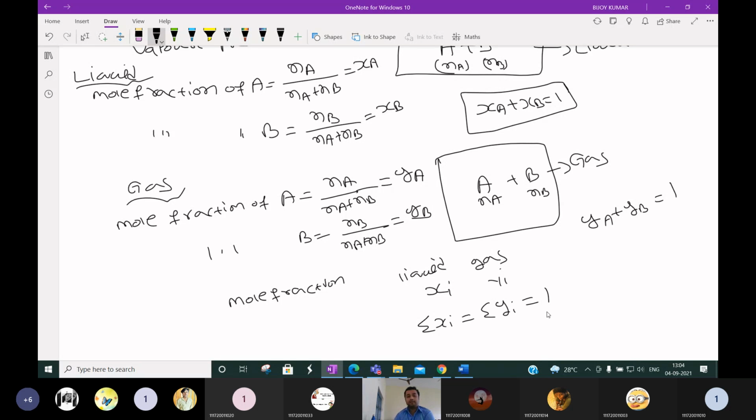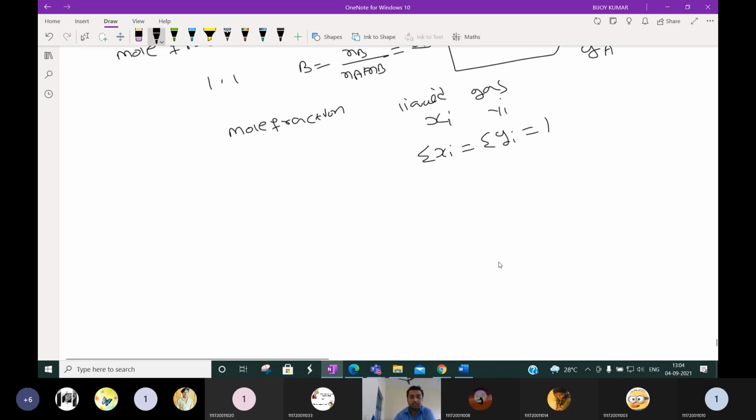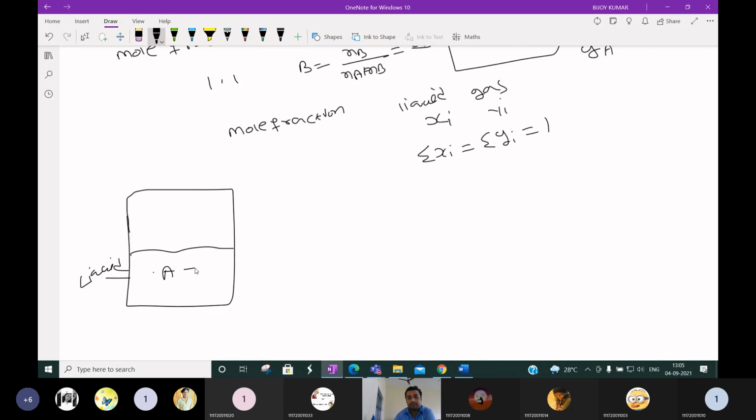Okay, then let us consider initially only two liquids, A plus B. The mole fraction of A is Xa, and the mole fraction of B is Xb. Now what will happen?